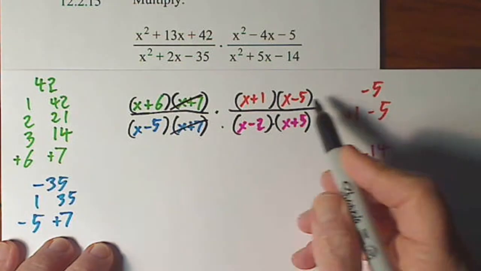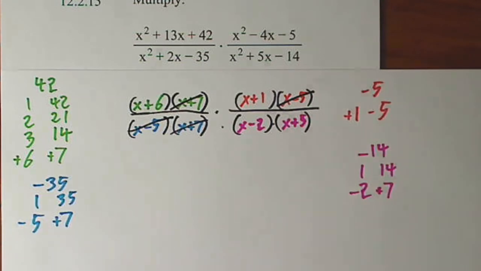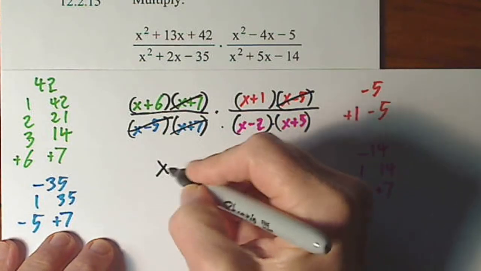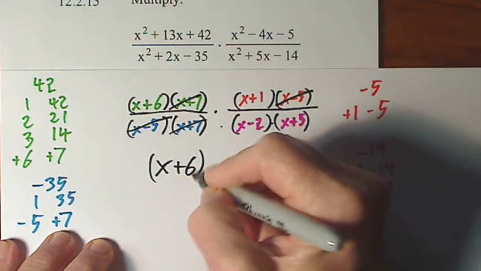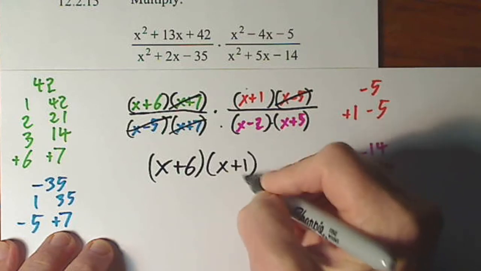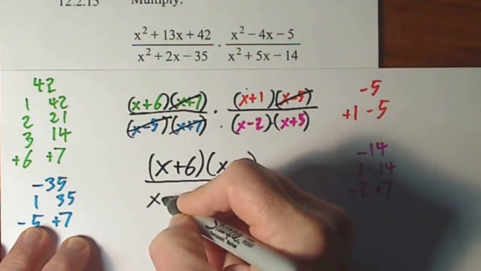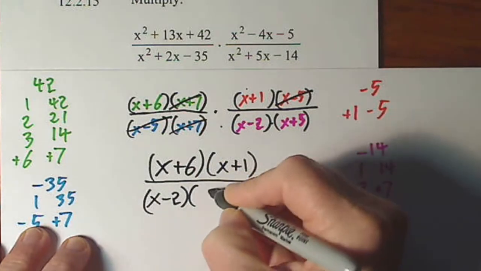X minus 5 and x minus 5, they cancel, and you simply record what's left. We have x plus 6 in parentheses, and we have x plus 1 all over top of x minus 2 and x plus 5.